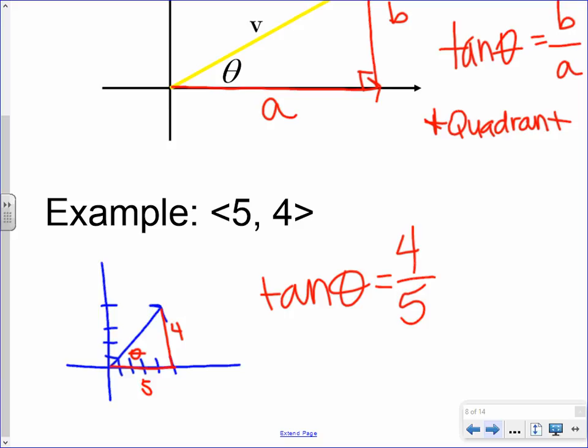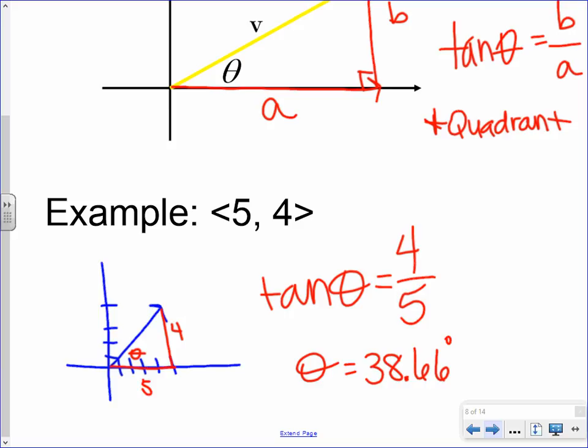You know what? We're going to go ahead and just stay in degrees since the rest of the chapter we've been in degrees. It'll be a nice change for us. Jackson, what do you get? 38.66 degrees. Can anyone confirm that? Thank you.